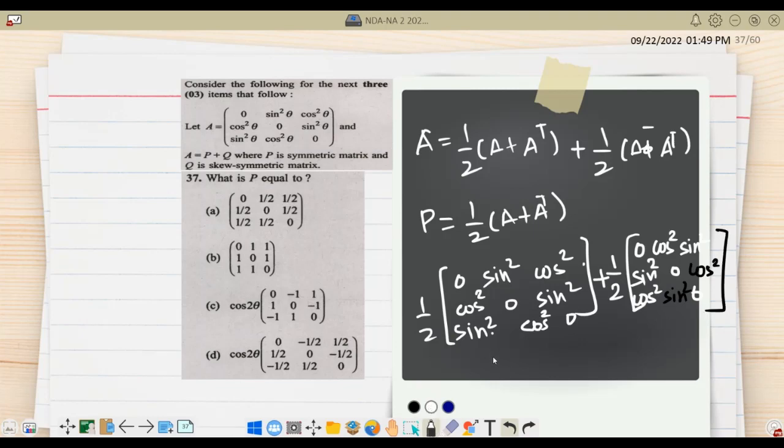Actually, you can see that when we add that, this becomes 0, but sine square plus cos square, so every other value becomes 1. So half into 0, 1, 1, 1, 0, 1, 1, 1, 0. So this is the matrix and the value of P. So option A is your answer.